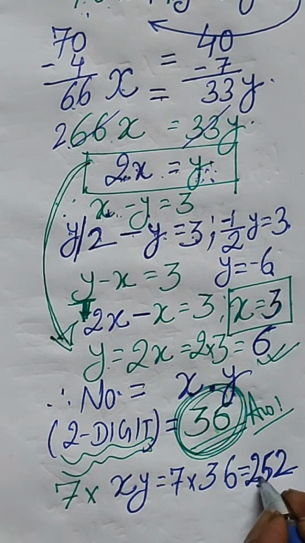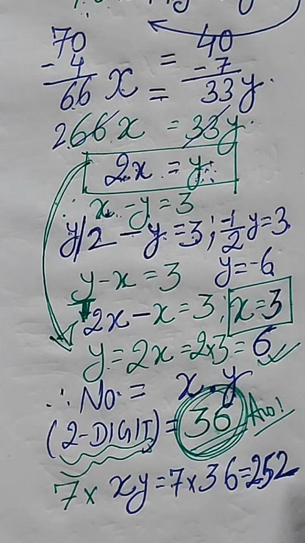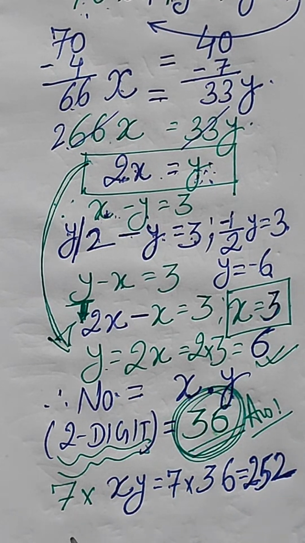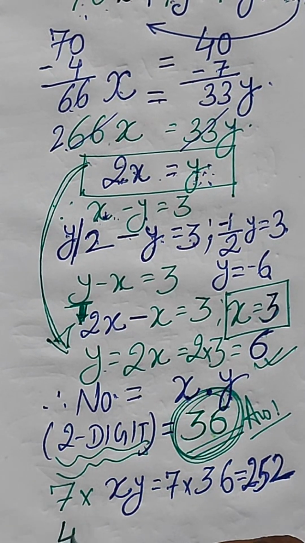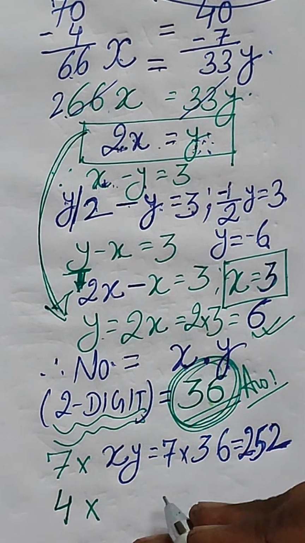In the question it was asked that it is equal to 4 times the number obtained by reversing the digits.